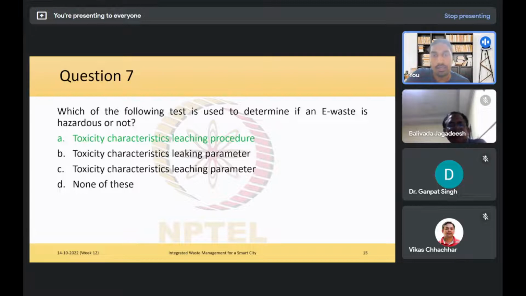If the concentration of the hazardous content exceeds the permissible limits, then we say that this is a hazardous waste, right? So we have to take more care when we are disposing of it in a landfill, right? So that's the toxicity characteristic leaching procedure.